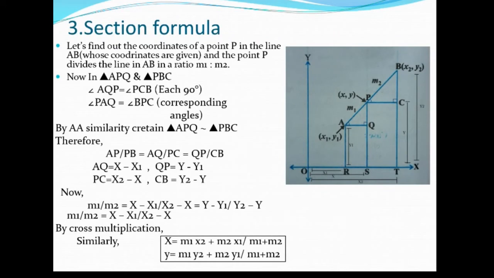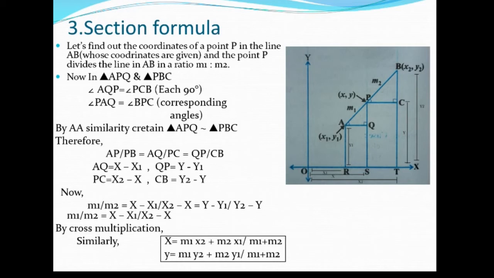So what is the section formula? In the section formula, we find out the coordinates of a point P on the line AB whose endpoint coordinates are given, and the point P divides the line AB in a ratio m1 is to m2.